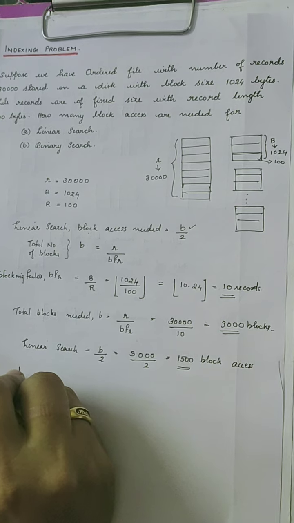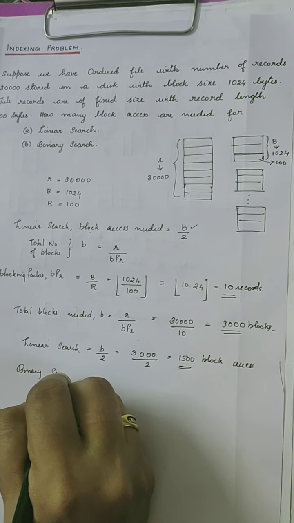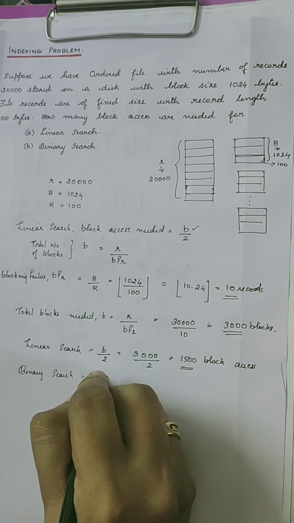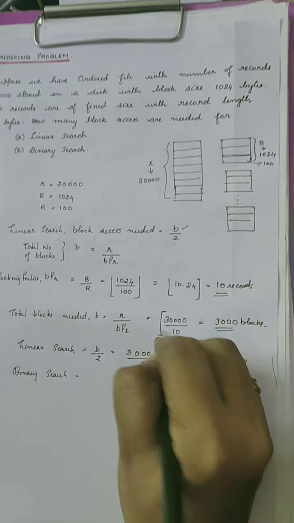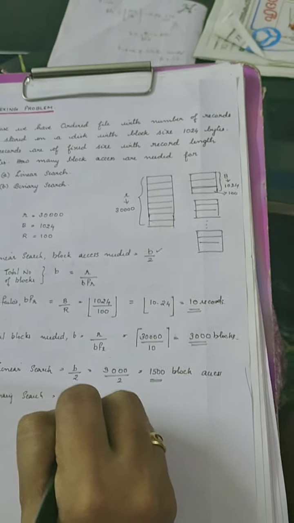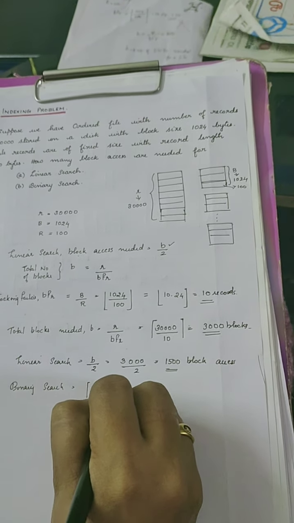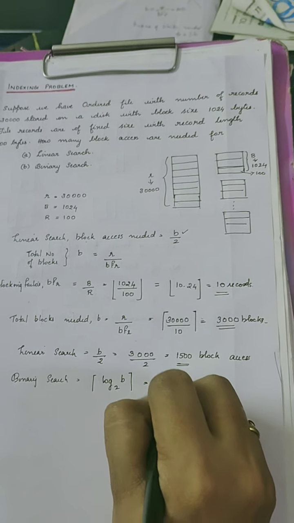In the case of binary search, here we take the ceiling value. The equation is the ceiling of log b to the base 2.